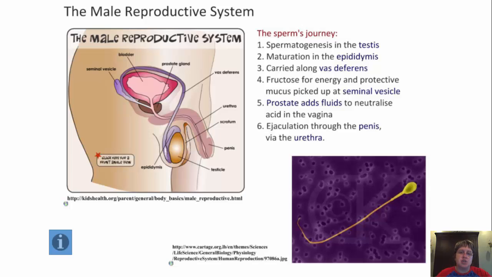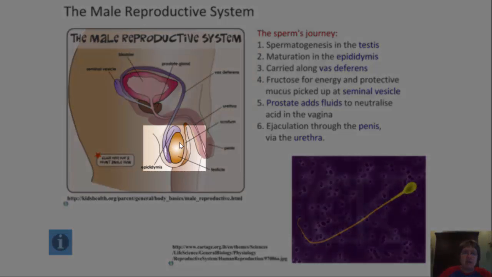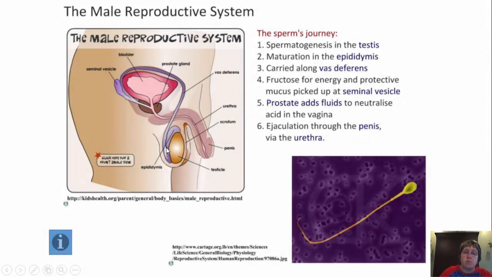All right, so the sperm's journey. The sperm starts here in the testis, or the testicle, as it's labeled in this picture. The testis is the more correct form. That's where spermatogenesis happens, the formation of the sperm from that final division of meiosis. So that's going to happen in the testis, and then they will go into the epididymis, where they will mature.